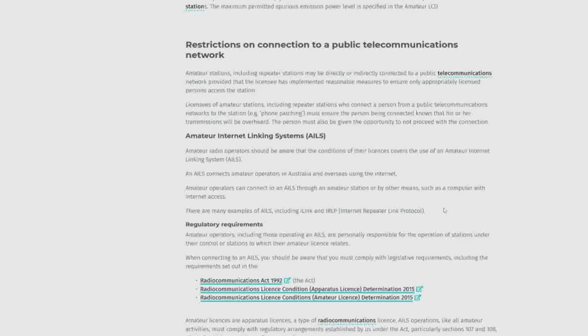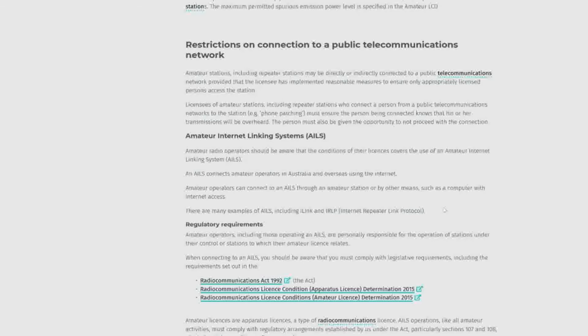Well, for quite a few years we've been using the internet to connect those two repeaters together so that they can be used in parallel. And there are lots of systems today that interconnect radio systems with each other via the internet. It was a bit of a grey area whether we were permitted to do these things, but we are.